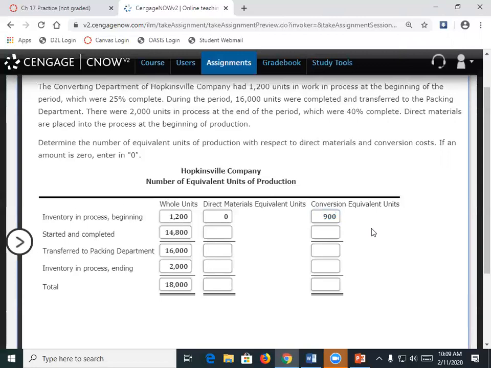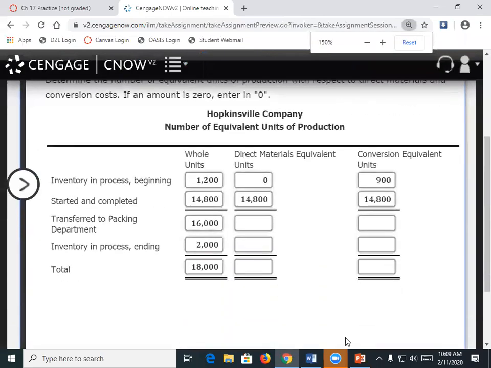Well, if they were started and completed with materials and conversion, how much completed are they? 0%, 50%, 100%? 100%. Very good. So anything started and completed, the equivalent units are 100%. So I can put 14,800 for both materials and conversion.